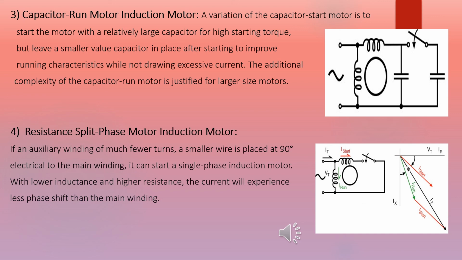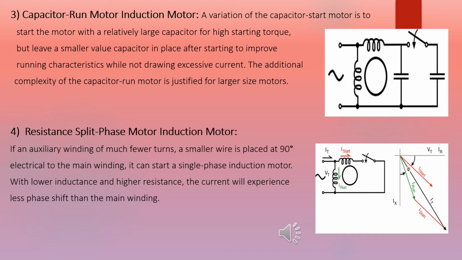So what it tells is, here you will have a large capacitor for high starting torque. Once the motor is started, as you can see, that switch will be pulled off. So the large capacitor is shut off, and then you have another capacitor which will be placed near the motor in the circuit. This capacitor will be of a smaller value.